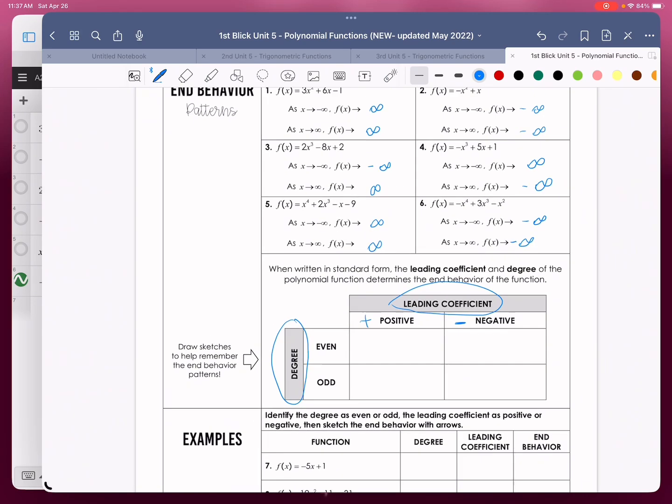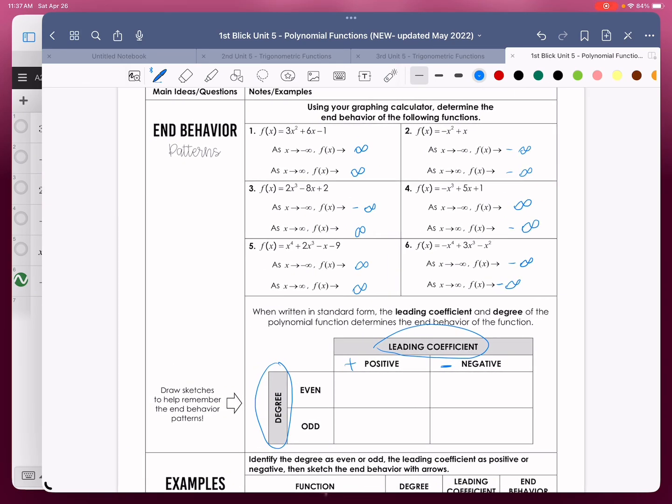If you look at this chart, let's look at first all the even degrees. This one is even, this one is even. 3 and 4 are odd, 5 and 6 are even. What do you notice in common about these? They all go the same direction, don't they? It's either both positive or both negative.